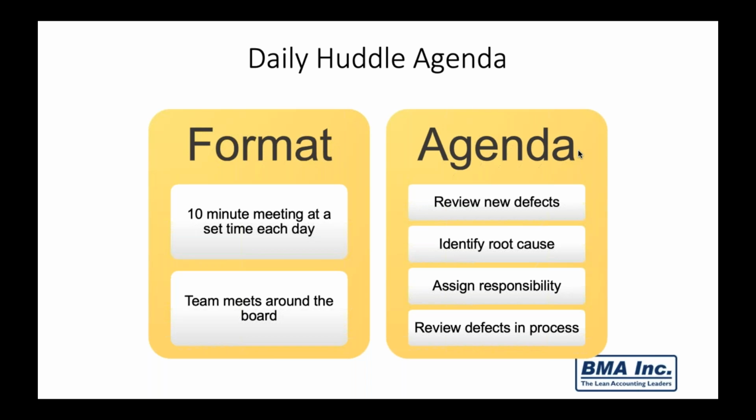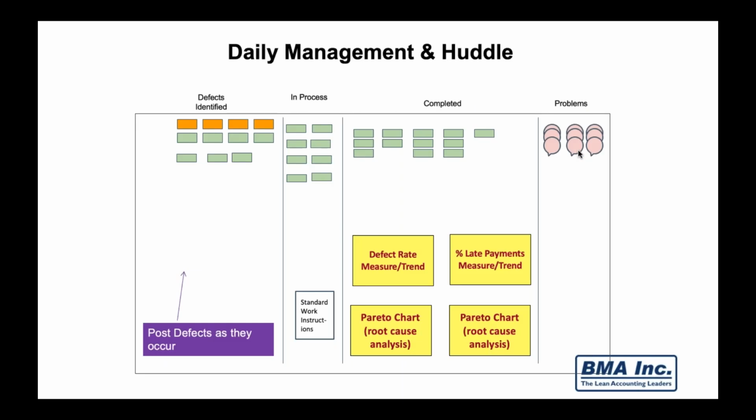Whoever is on the defect team, for lack of a better term, is required to attend. Attending this huddle is a priority. You don't miss it because you've got something else to do. The daily huddle will reinforce the standard work of improving quality. We want this board to be active, so we post defects as they occur.